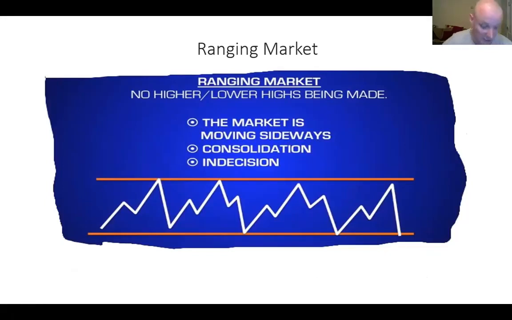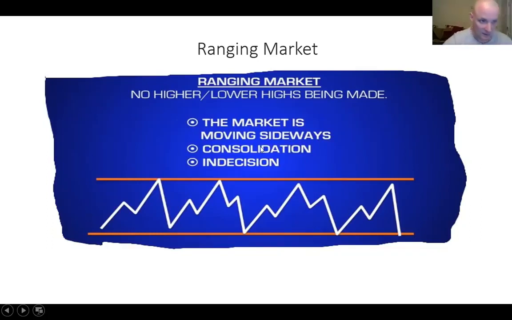It's called sideways movement, consolidation, or it's also known as indecision in the market. Make sure you take note of these three terms because they get used a lot within the Forex trading industry. Keep away from trading in these, because you just end up in an emotional trading state and it could cost you a lot of money.